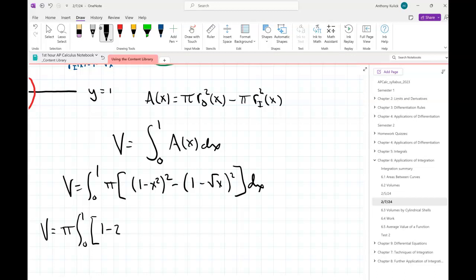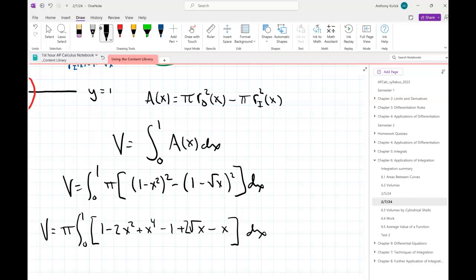So we're going to have 1 minus 2x squared plus x to the 4th minus 1 plus, oops, that's not x, that's minus 2 square root x, and then minus x, dx.